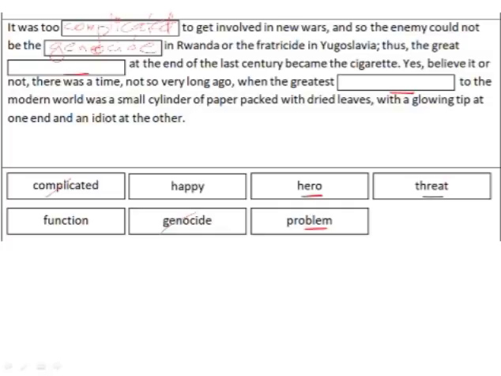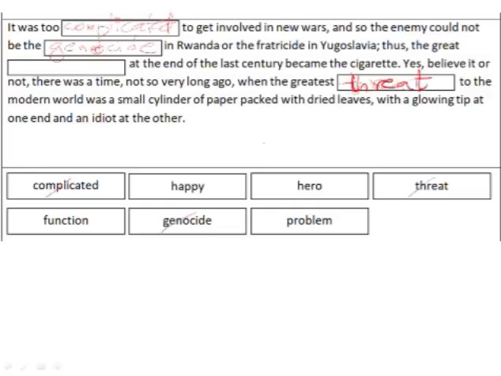Greatest what? There is a to. What word goes with this to? Hero to something, problem to something, or threat to something? Yes, threat goes with this to. So we have threat to the modern world, the greatest threat to the modern world.